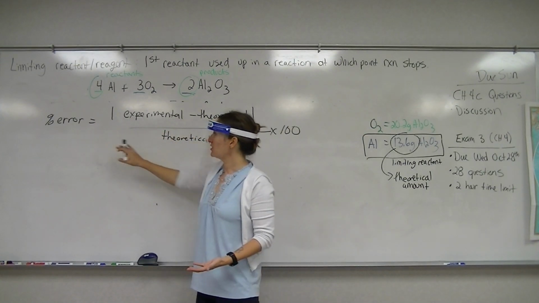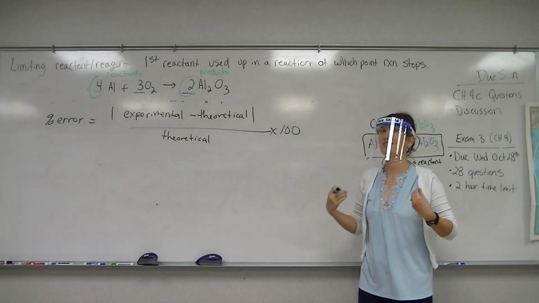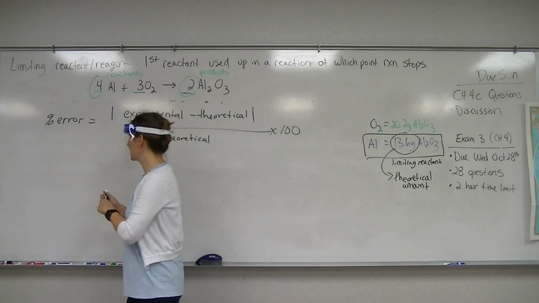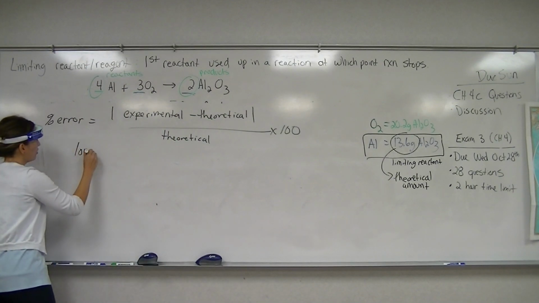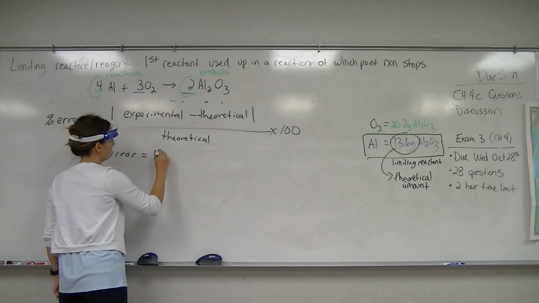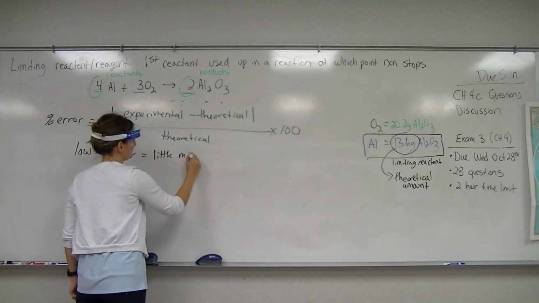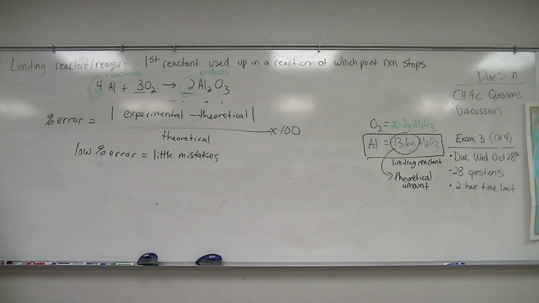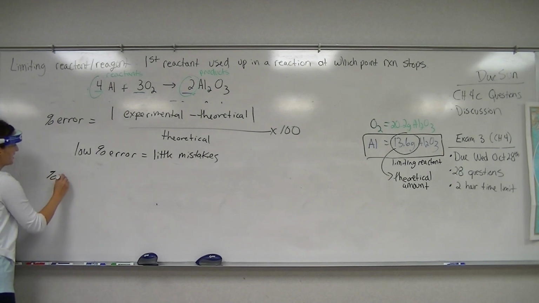So the percent error tells us what percent of mistakes we've made. So we always wanted percent error to be really low, because a low percent error means very little mistakes. Well, another equation we use to test our ability in the lab is percent yield.